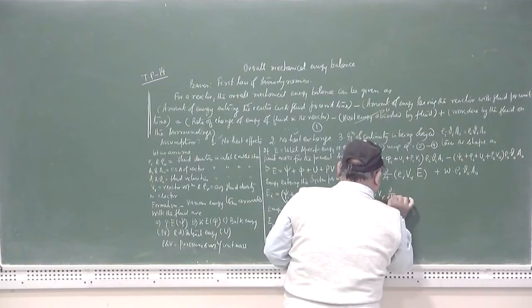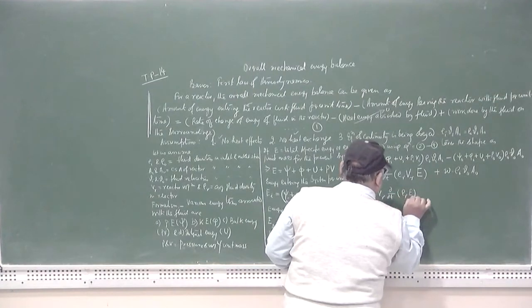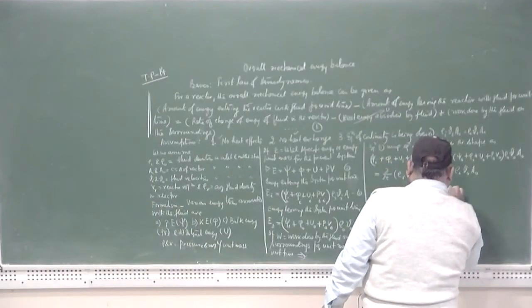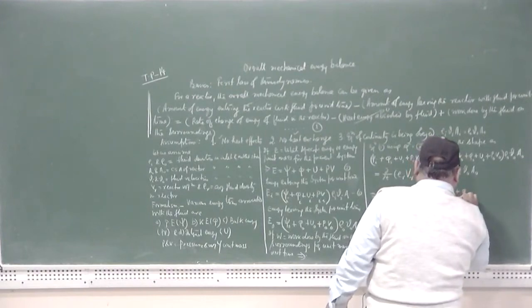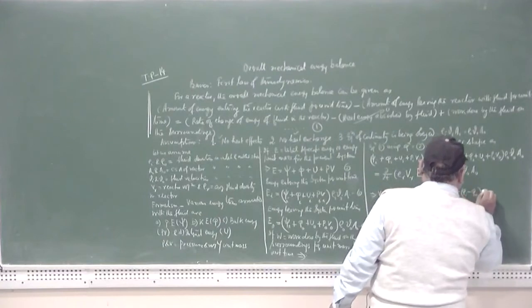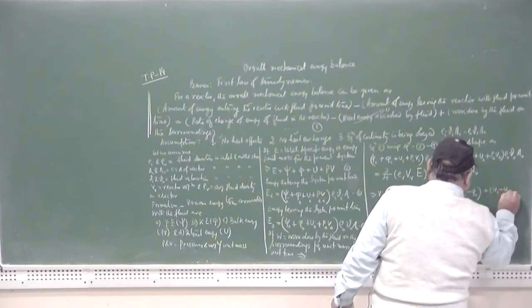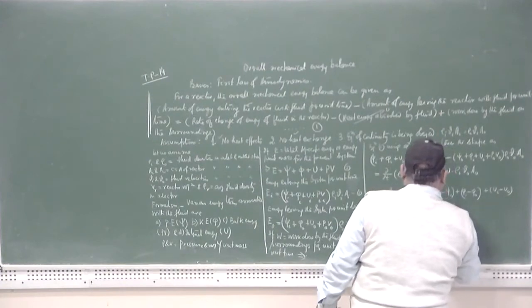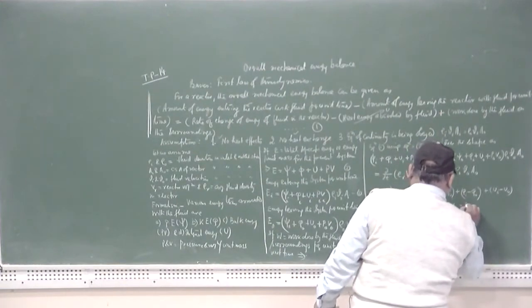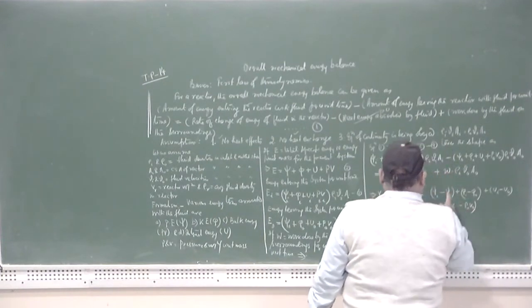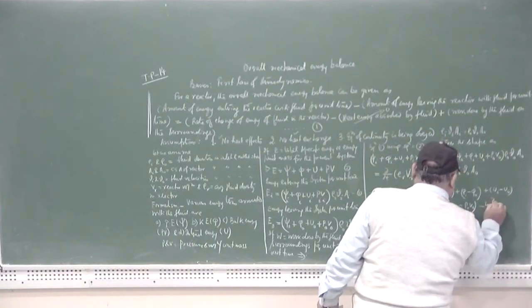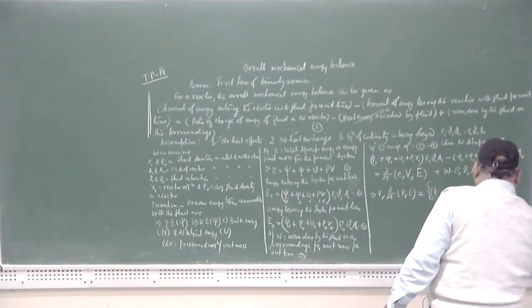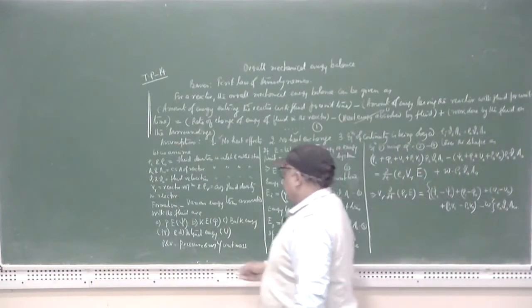So, taking it out, delta by delta t of rho r E should be equal to psi I minus psi naught plus phi I minus phi naught plus u I minus u naught plus p I v I minus p naught v naught, minus W, and it whole should be multiplied by rho naught v naught a naught, with the help of this assumption.